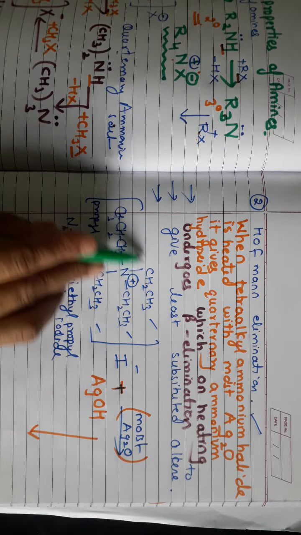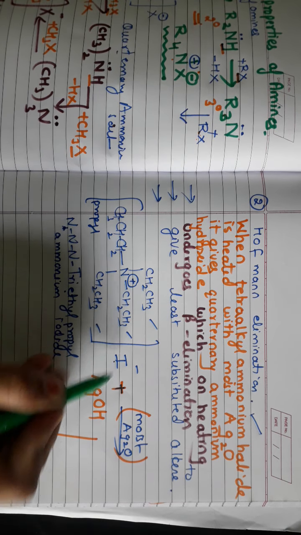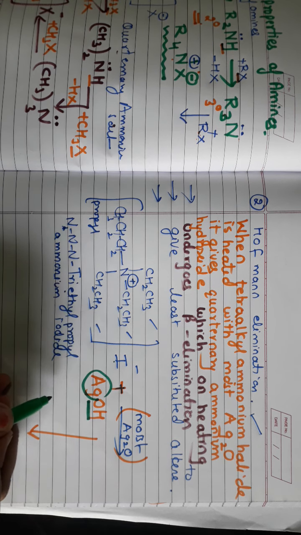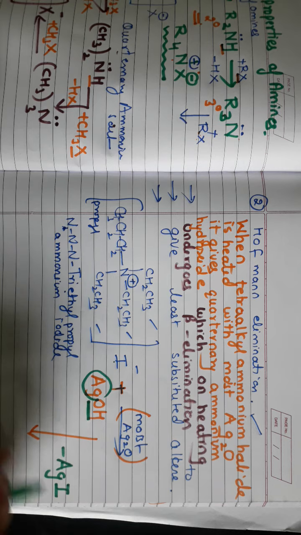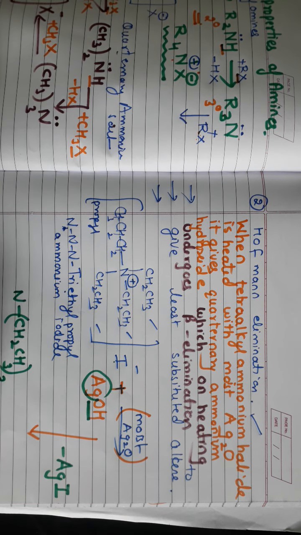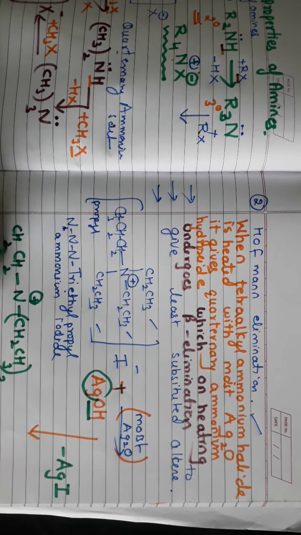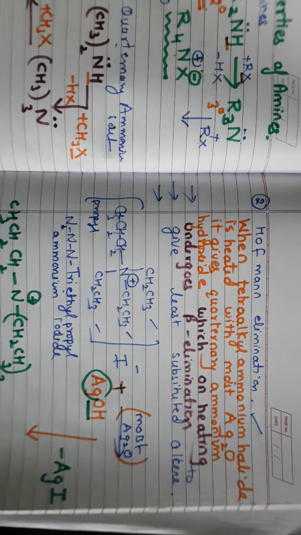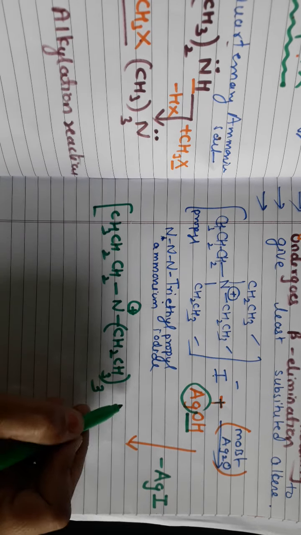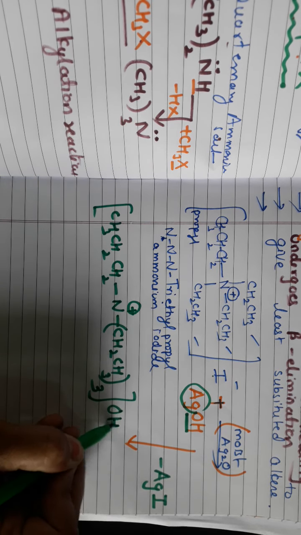So everything will remain the same, instead of iodide I will write OH minus, and AgI will come out. I am copying the entire structure: N with CH2CH3 thrice, a plus charge, CH2CH2CH3, and OH minus.